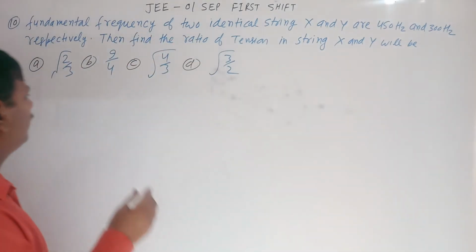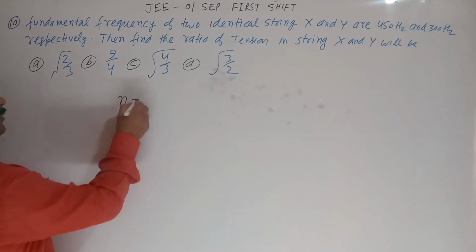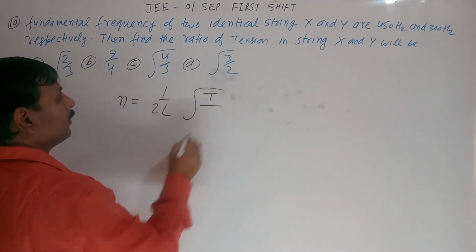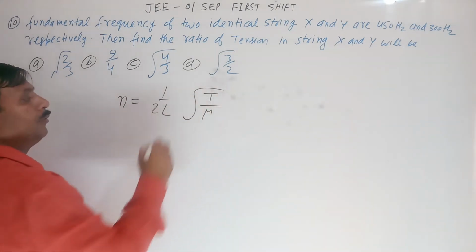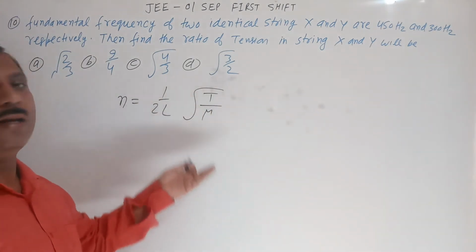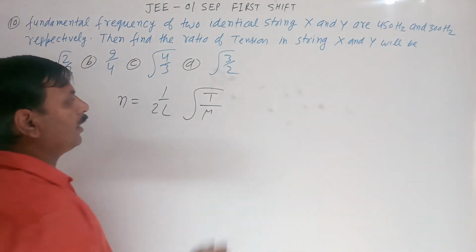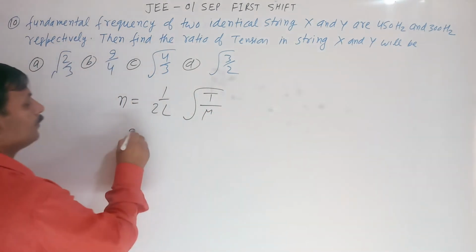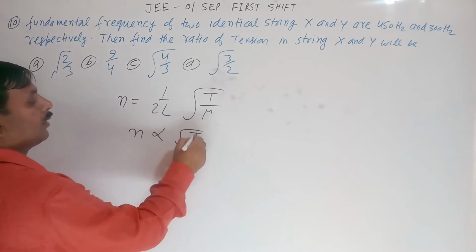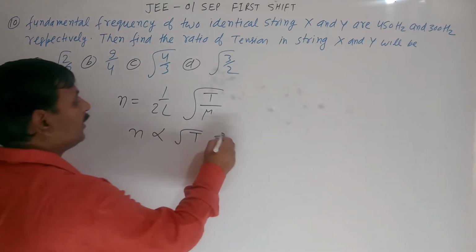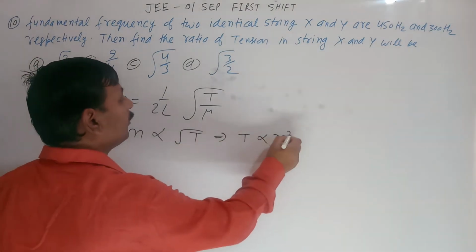So what is the relation for fundamental frequency? 1 upon 2L under root T upon mu, or T upon M, mass per unit length. T is tension. So N is directly proportional to under root T. So we can say T is directly proportional to N square.